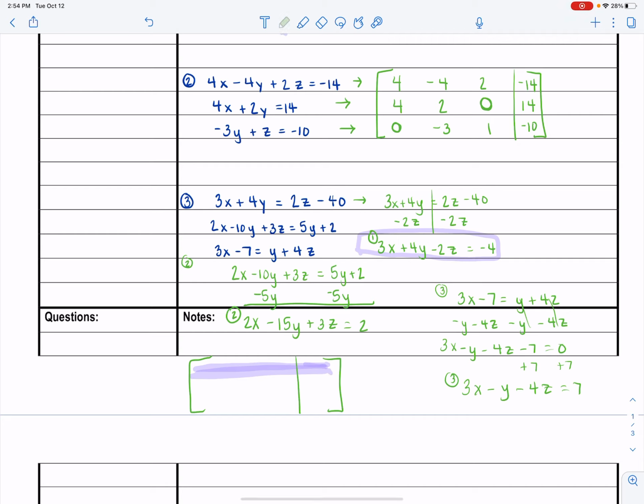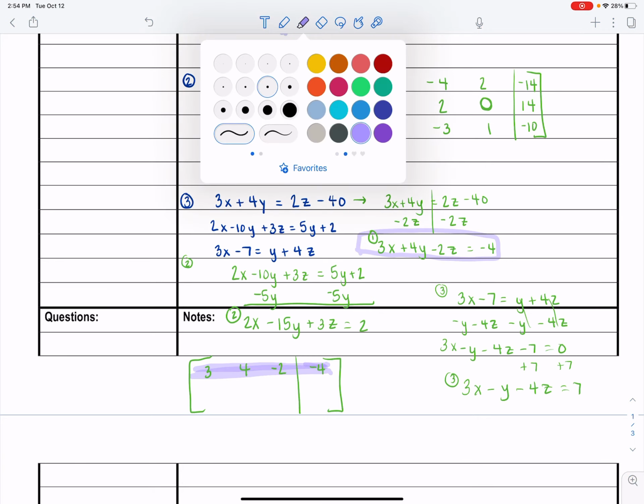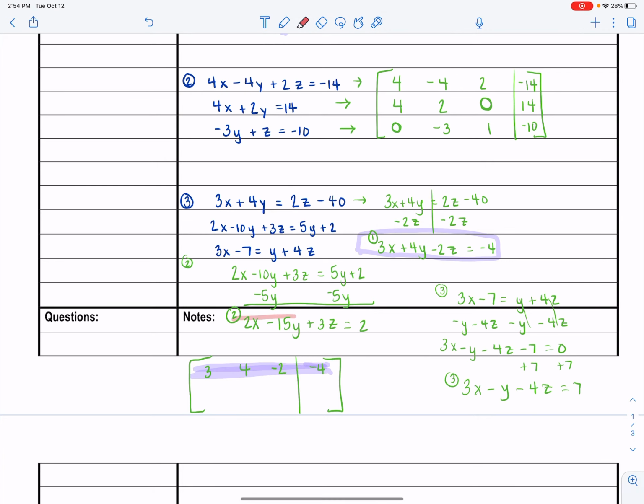Okay, so my first equation has 3 for x, 4 for y, negative 2 for z, and negative 40 is the equals. My second equation is going to go here. It has 2 for x, negative 15 for y, 3 for z, and it all equals 2.